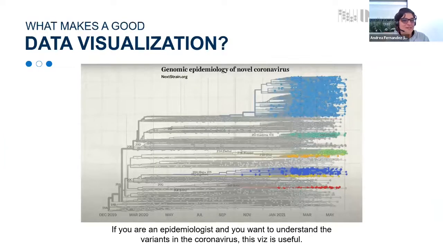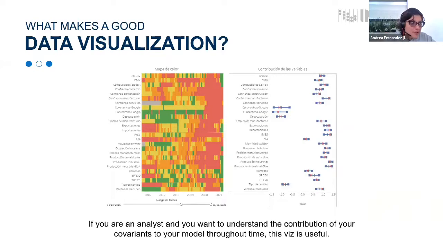So this is a really good visualization for an epidemiologist that wants to understand the variants in the coronavirus. For most of us, this is just gibberish. This is a really good visualization if you're an analyst and you want to understand the contribution of your covariants to your models throughout time.